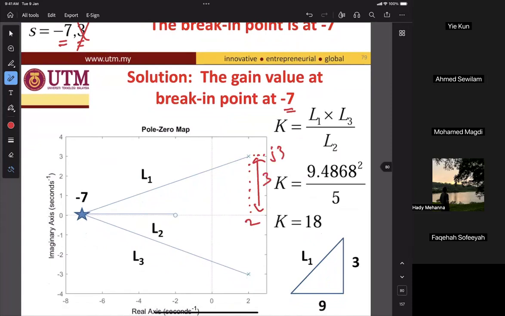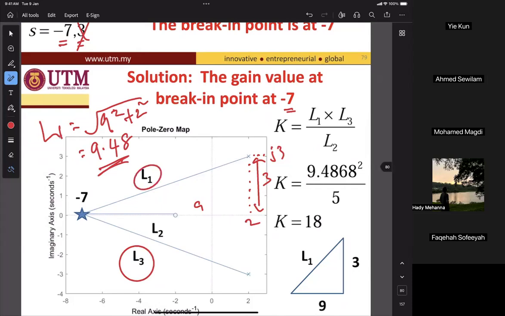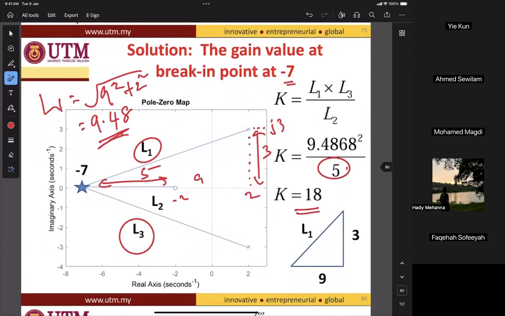And then the length of this, 7 plus 2, is 9. So L1 is the square root of 9 square plus 3 square, which is equal to 9.48. Similar for L3. And L2 is -2, so the length is 5, that's why divide by 5. And K is equal to 18.